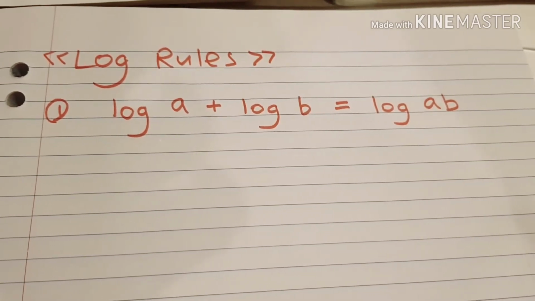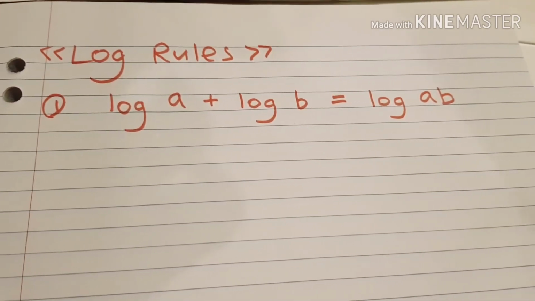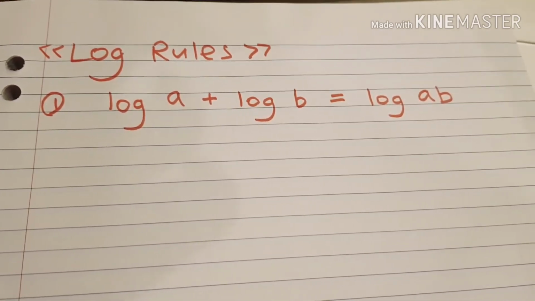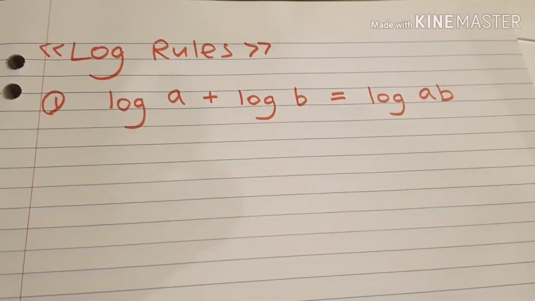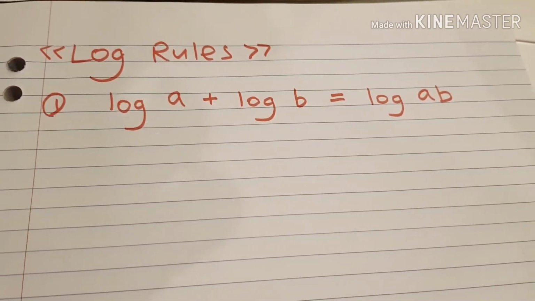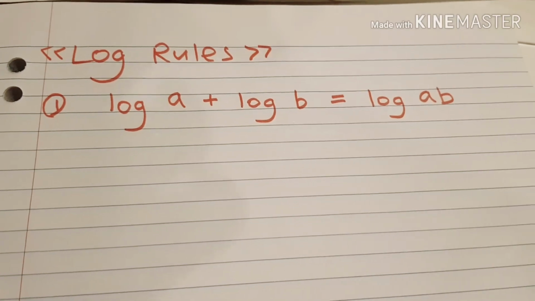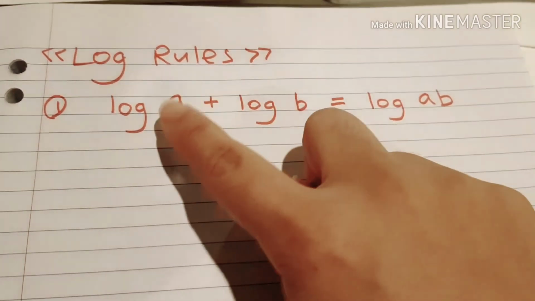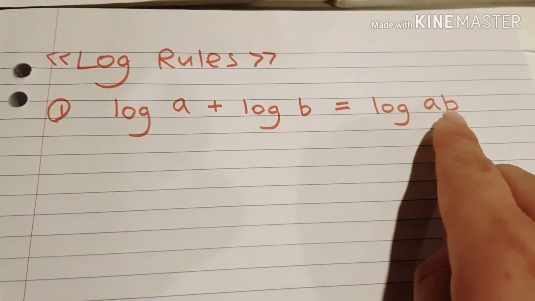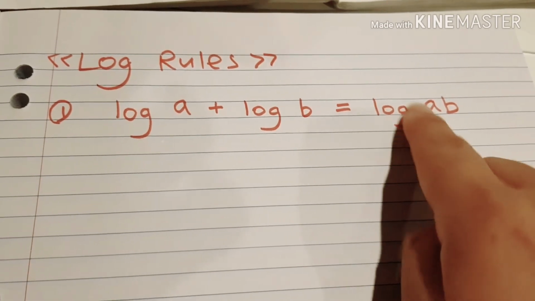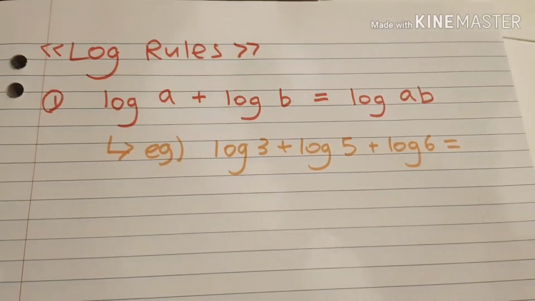So we have 3 more rules to learn. The first one is adding. When you add logs of the same base, log a plus log b, you multiply those two together, and you get a times b.